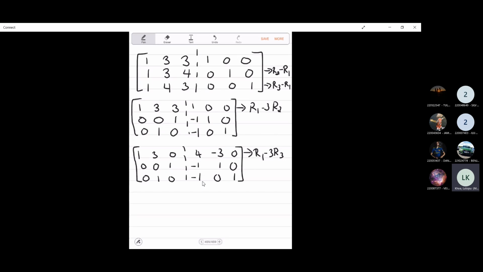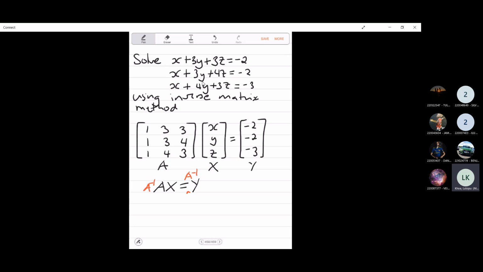Here, my goal is to use the inverse to get x, y, and z. So you can see that here I can write this one first, then this one, then that one. The order I put them in doesn't matter because it's a system of equations.